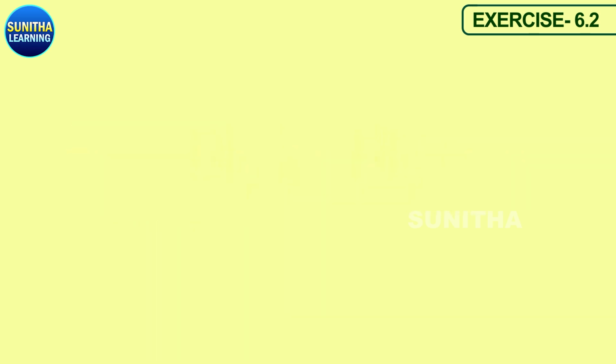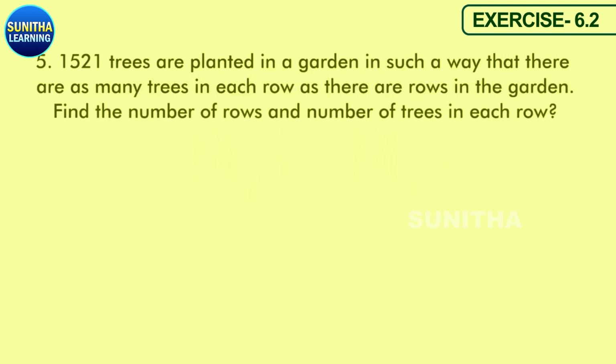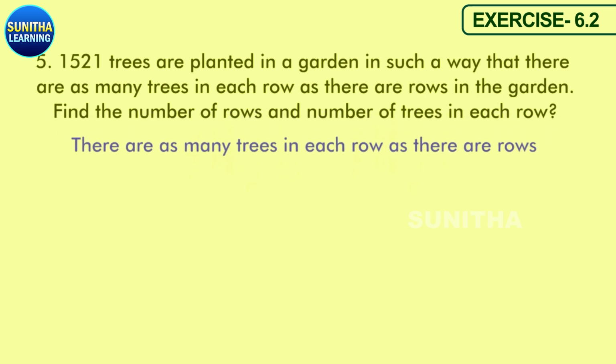Now let us see the next problem, the fifth one. Let us read the question. 1521 trees are planted in a garden in such a way that there are as many trees in each row as there are rows in the garden. Here the condition they have given is that the number of rows is equal to the number of trees in each row.